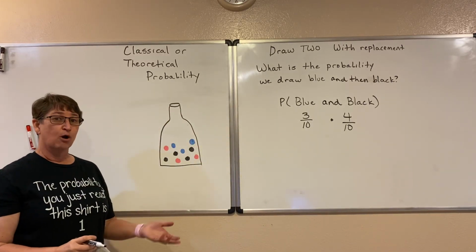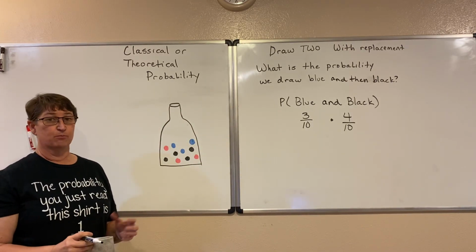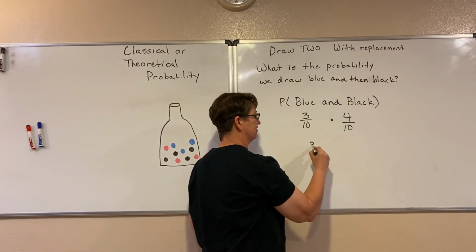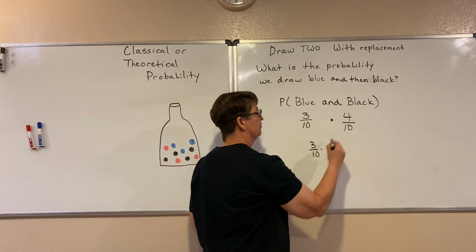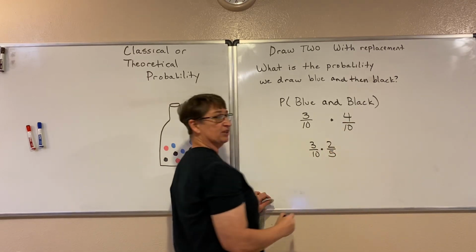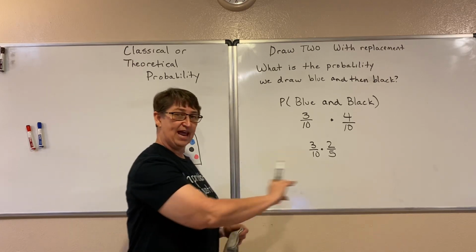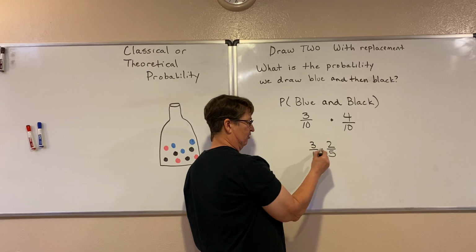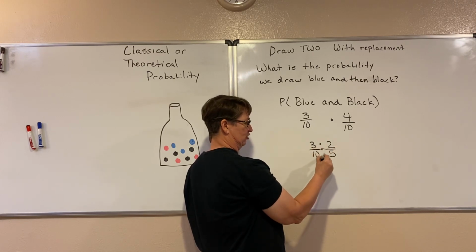Now anytime we're multiplying, I like to simplify before I make it big. So I'm going to simplify if I can. So the 3/10 can't be simplified, but this 4/10 is the same as 2/5. So I'm just going to simplify that down to 2/5, and now I'm going to multiply that out. Oh wait a minute, notice here, there's a 2 on top. When I multiply fractions, I just multiply straight across.